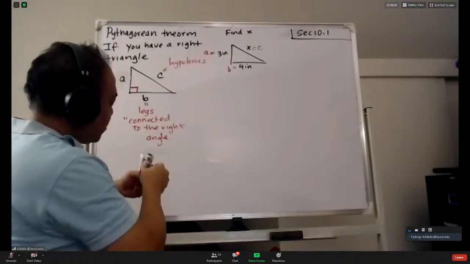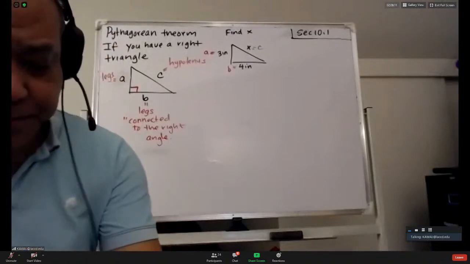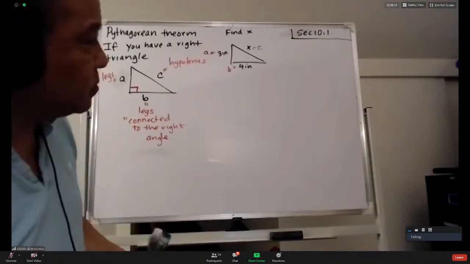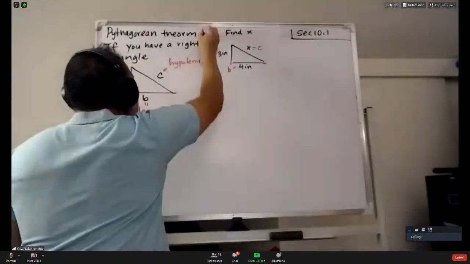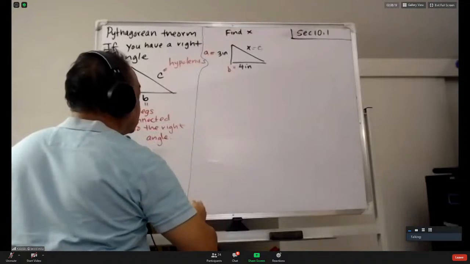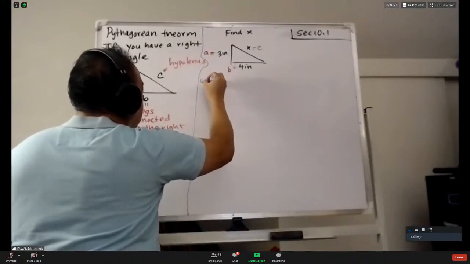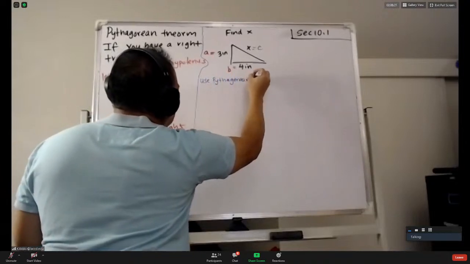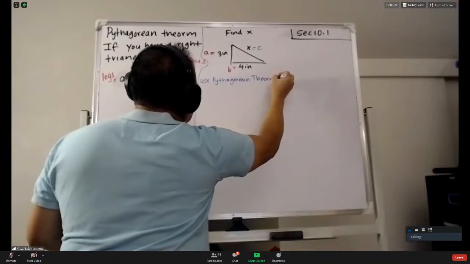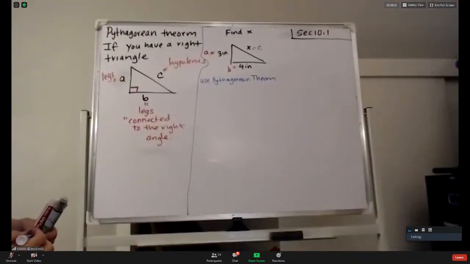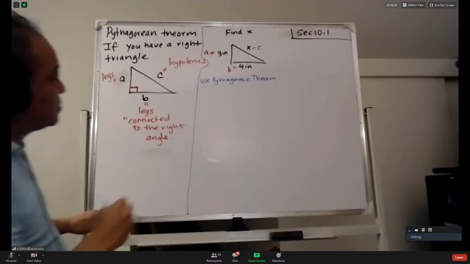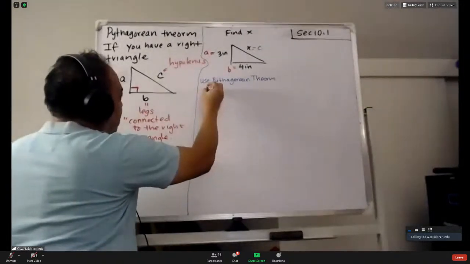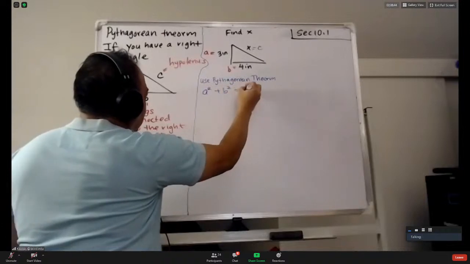So what we're going to do is use the Pythagorean theorem. So you have A squared plus B squared is equal to C squared.